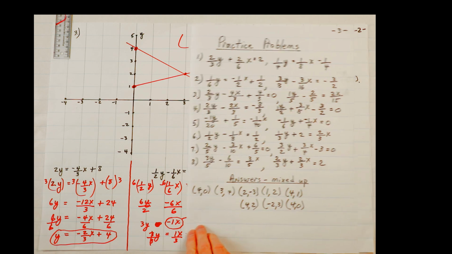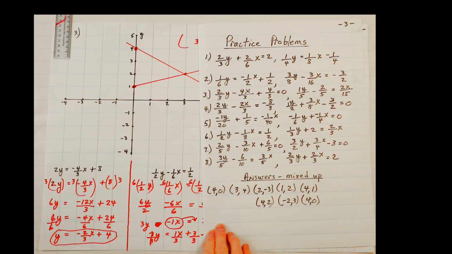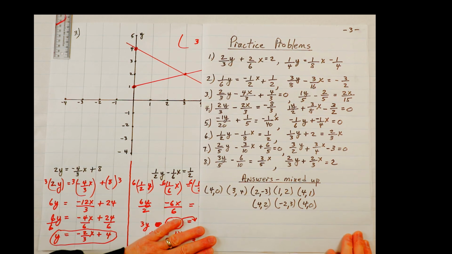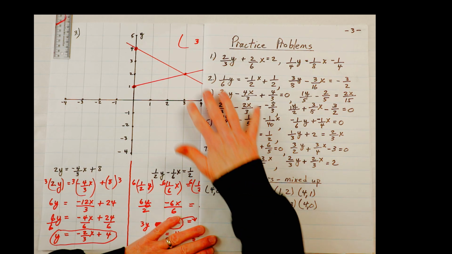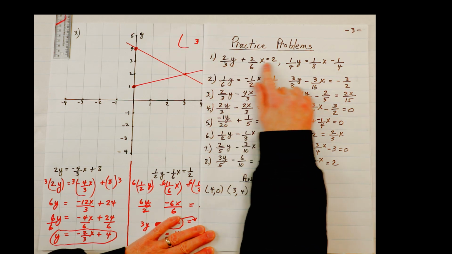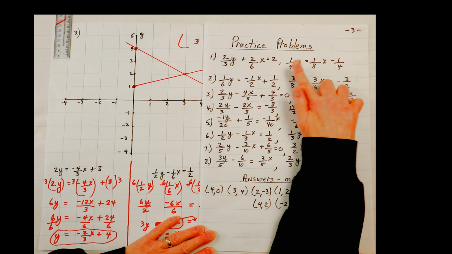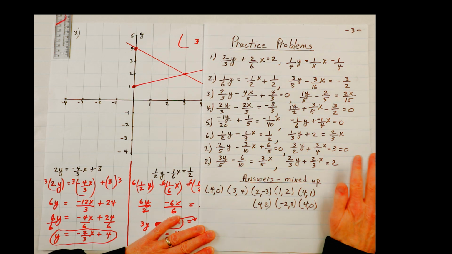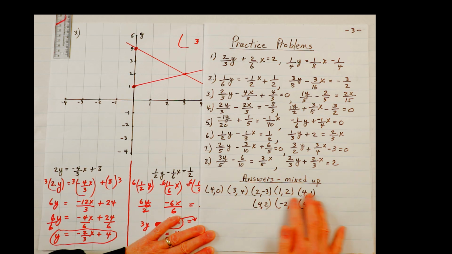Now, what I want to do right now, I have page 3 handy. I'm just going to place it here. And I made up a bunch of practice problems. So number 1, the first equation, then I put a comma, then the second equation. And I made up 8 questions for you. Now the answers are down here and they're all mixed up.